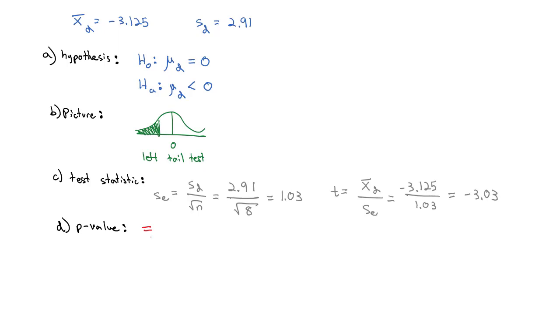We are doing a left tail test, so that's going to be the t.dist command with the test statistic of negative 3.03. The degrees of freedom are 1 less than the sample size. There were 8 data values, so 1 less would be 7. And we have to say true with the left tail test. And when we do that, we end up with 0.0096. So that area on our picture, 0.0096, tells us that p-value.